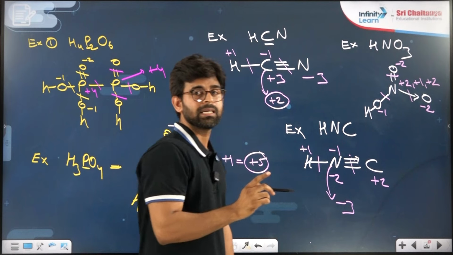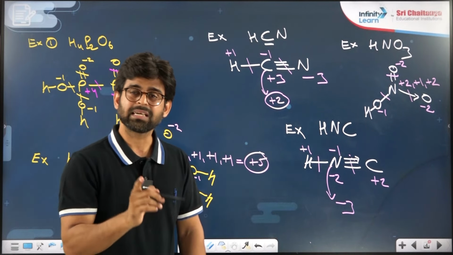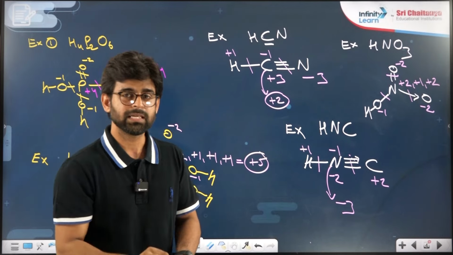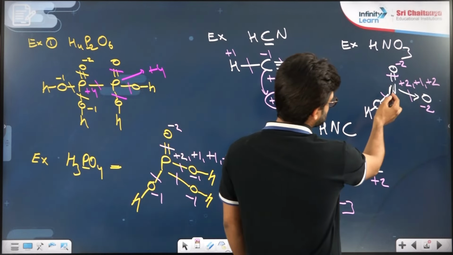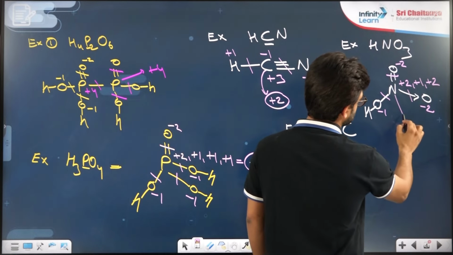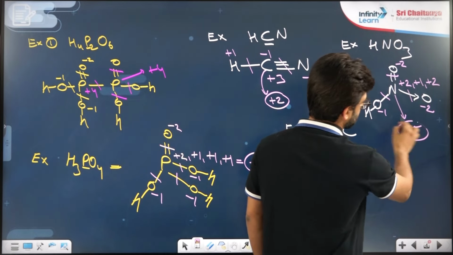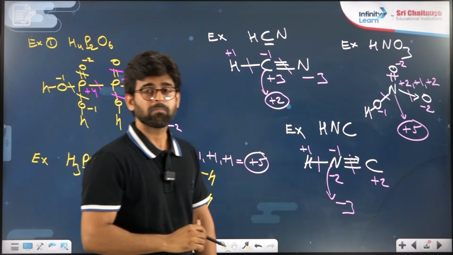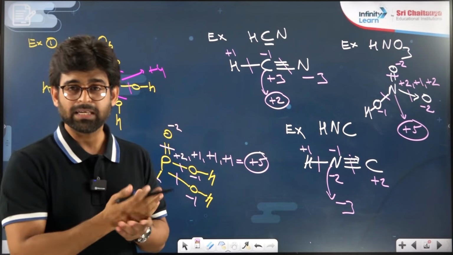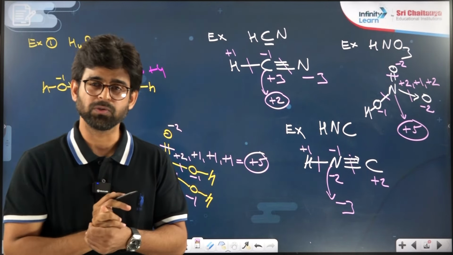Rule number 3: in a coordinate bond where the less electronegative atom is giving both the electrons, less EN will get +2, more EN gets -2. So nitrogen overall gets +5 oxidation state. Clear? So we have seen how to use all the 4 rules.